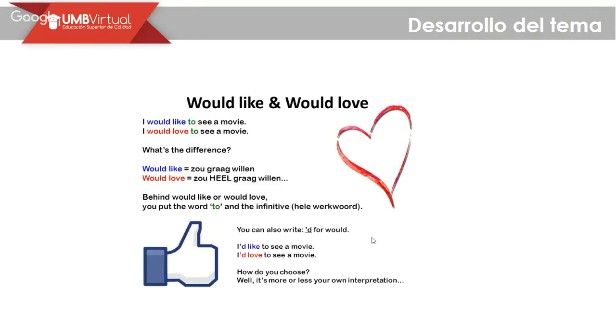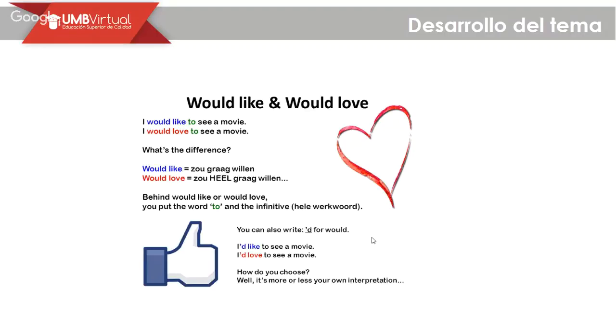So here we're gonna see more examples referring to some sentences we can use. Would like and would love. So for the first one, we're going to see the first sentence. I would like to see a movie. I would love to see a movie.